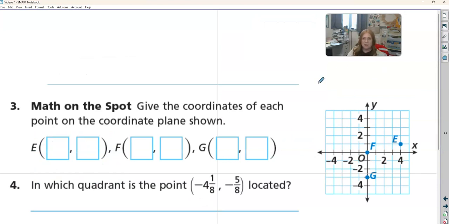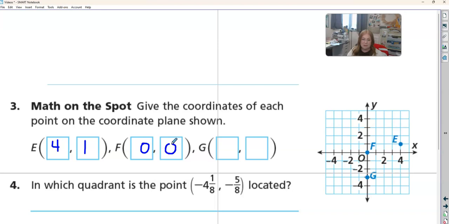Number 3, we have give the coordinates of each one. So we're going to find E. E goes over 4 and up 1. Then F: we didn't move over, so it's on 0, and we didn't move up, it's also 0.